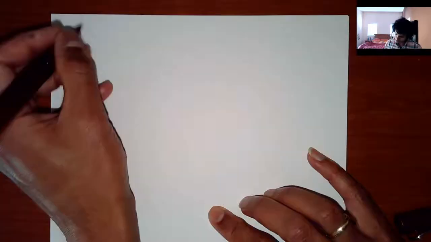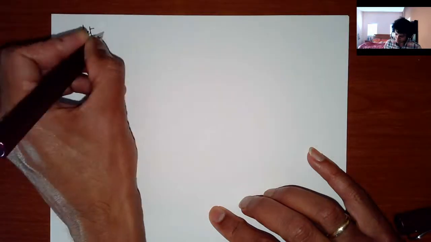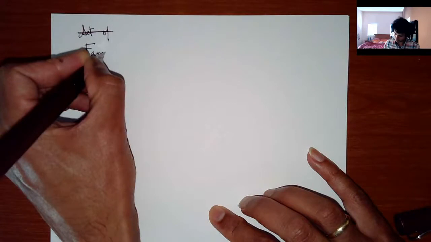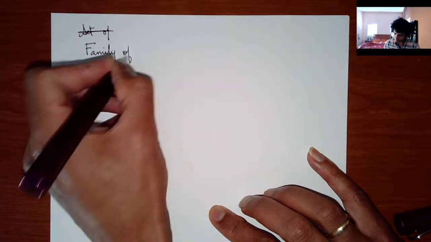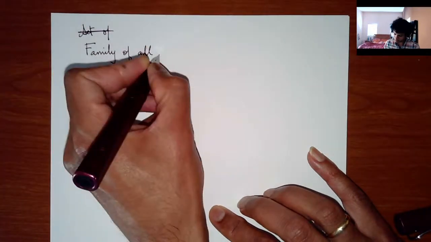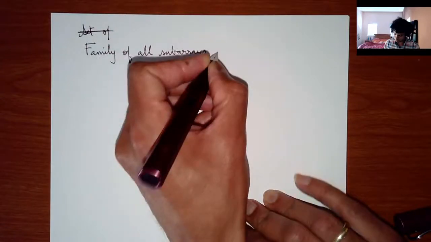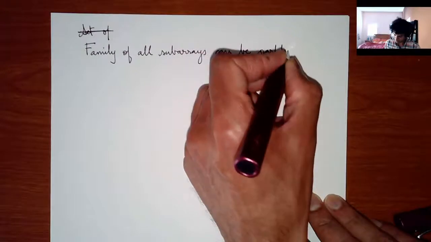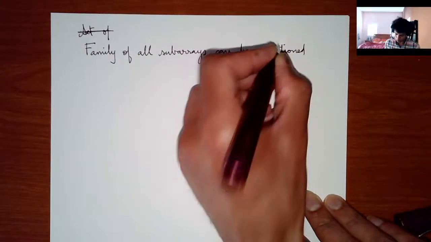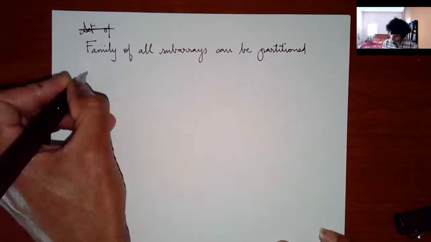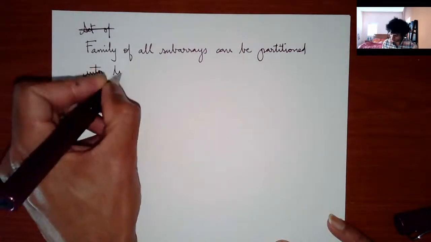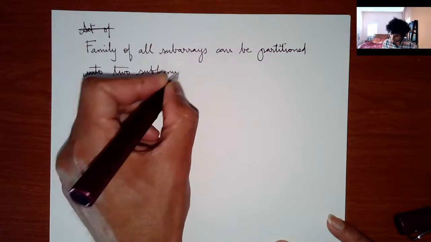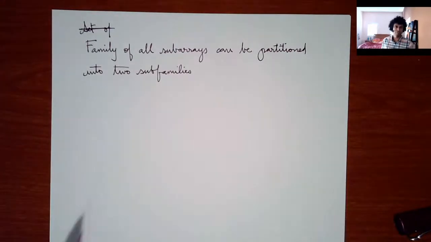Well, the family of all subarrays can be partitioned into two subfamilies. Again, family and set mean the same thing.